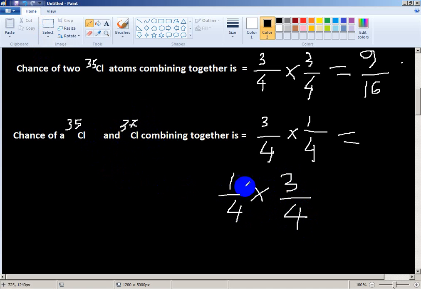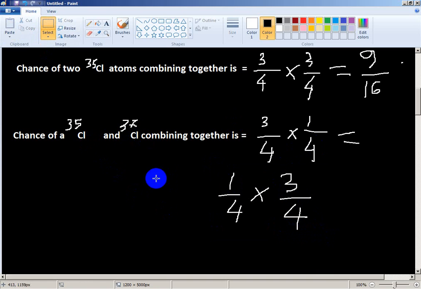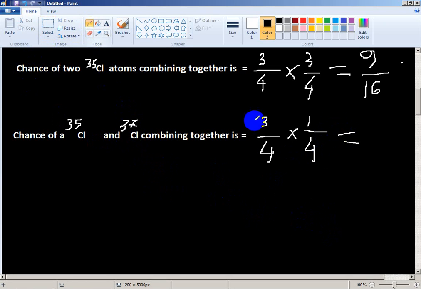Both are the same, so what can I do? I double it and multiply by 2.